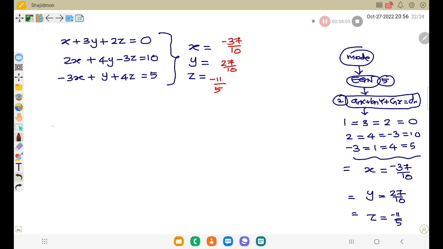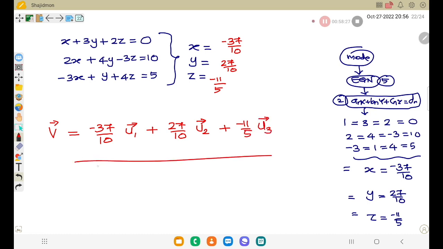So what is the linear combination? We can write vector v equals x number, -37 divided by 10, multiplied by the u1 vector, plus y number, 27 divided by 10, multiplied by the u2 vector, plus z number, -11 divided by 5, multiplied by the u3 vector.